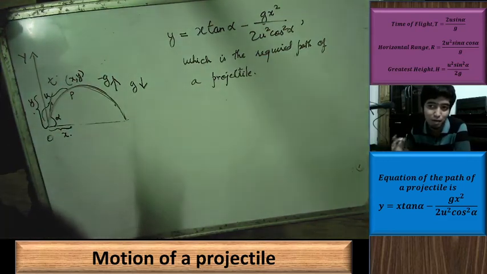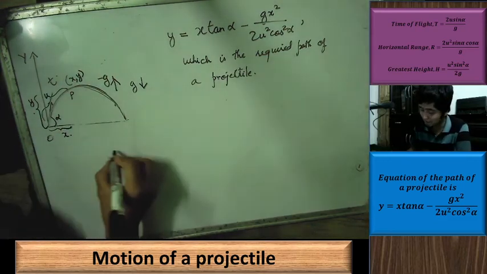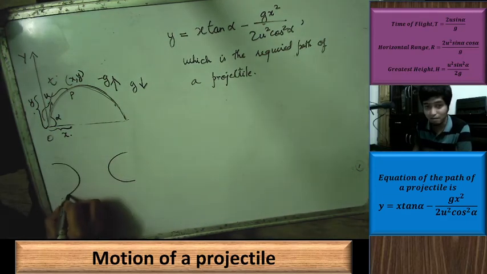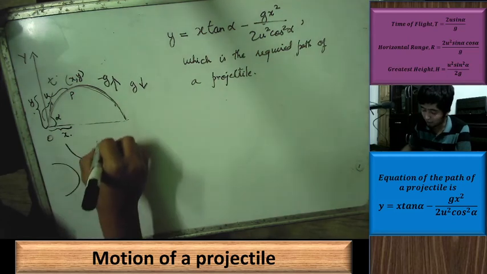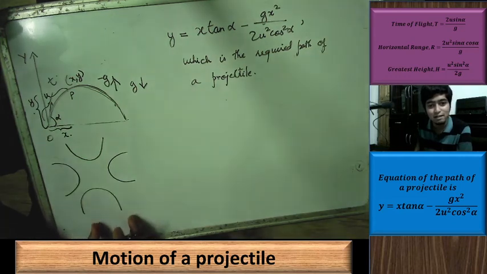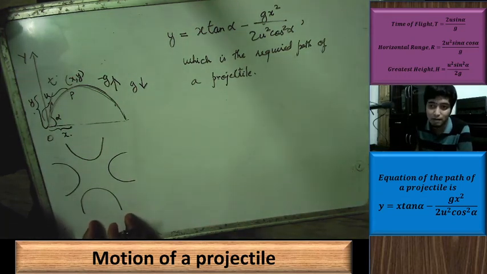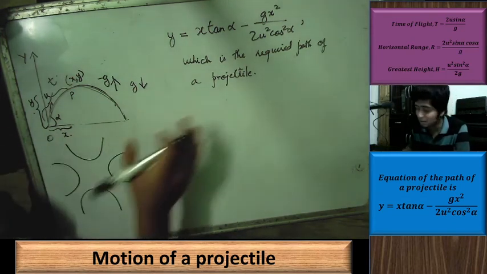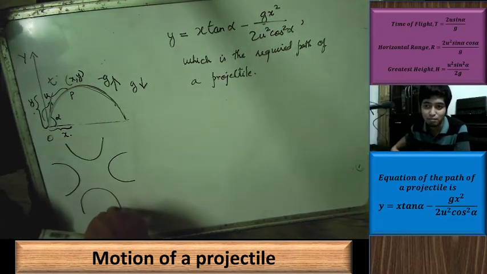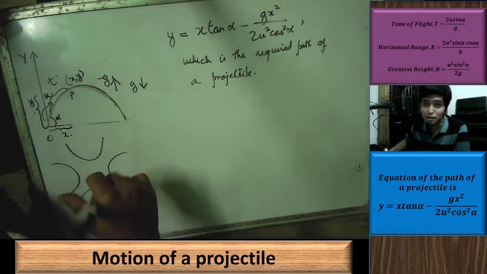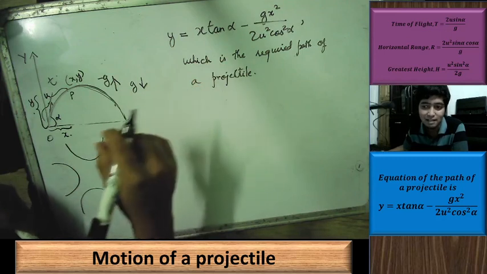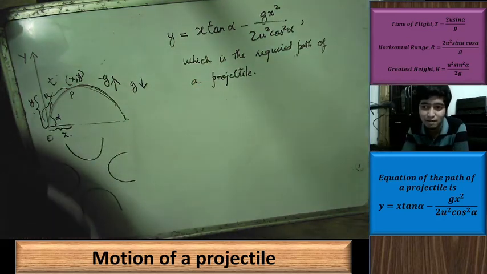If you remember, there are 4 different types of parabola: a right-handed, a left-handed, an upward parabola, as well as a downward parabola. This one is looking like a downward parabola. What we will do next time is transform this into the equation of a downward parabola. So next time we will really see that the equation of the path of a projectile is indeed a parabola. Until next time.